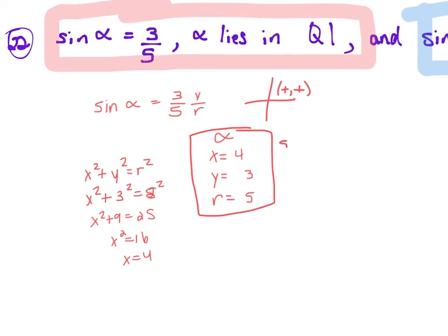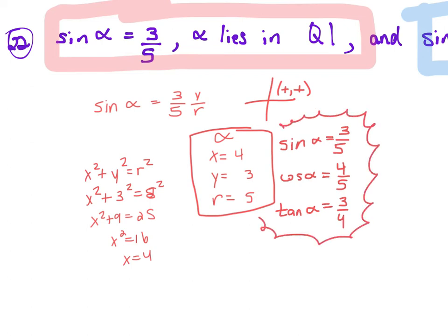The sine of alpha is y over r, 3/5. The cosine of alpha is x over r, so it's 4 over 5. And the tangent of alpha is y over x, which is 3 over 4. Okay, that's what we need to know about our triangle alpha.